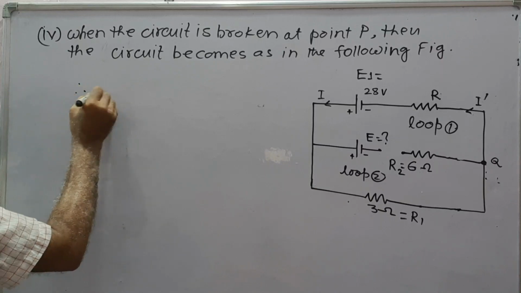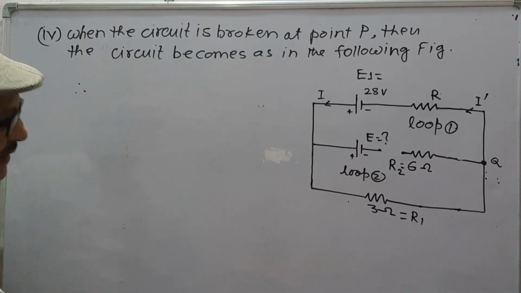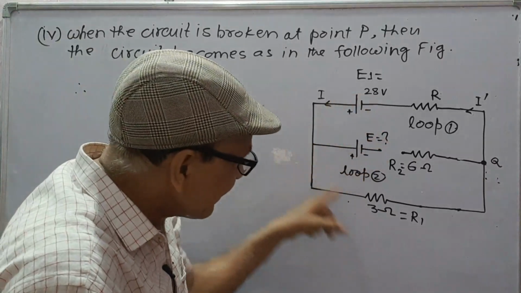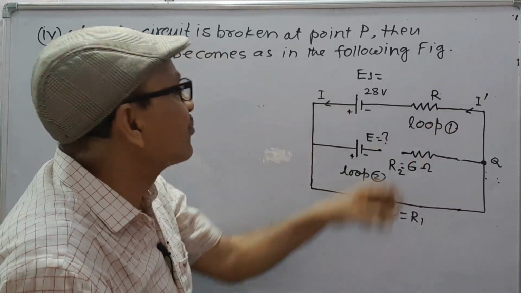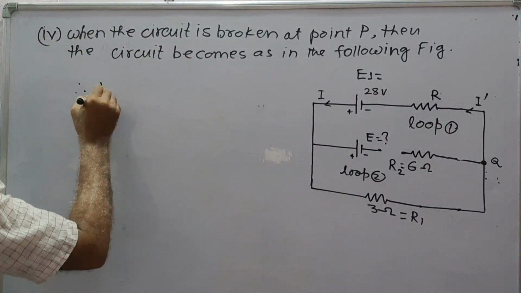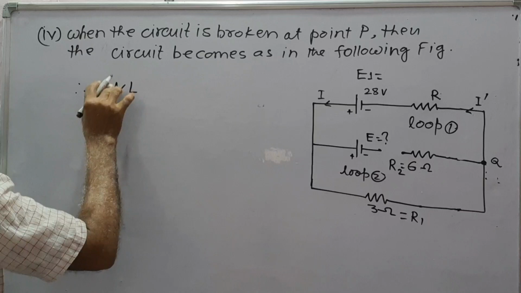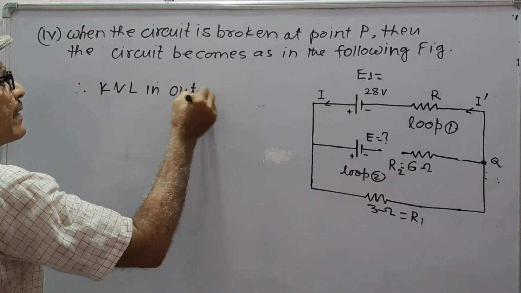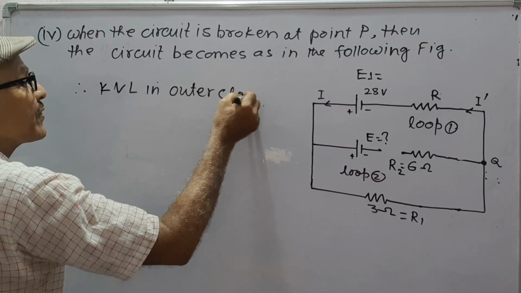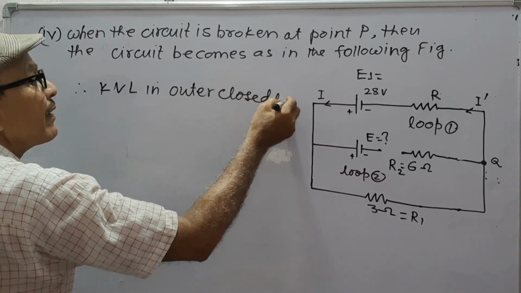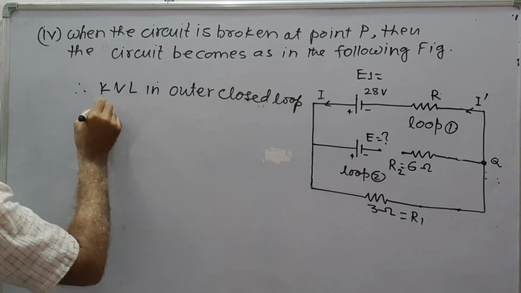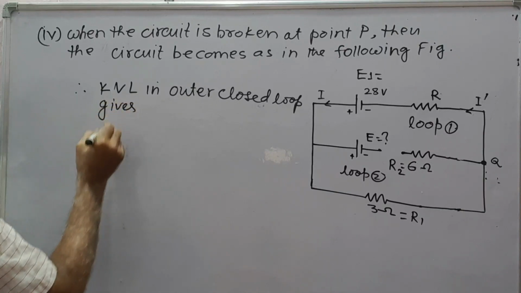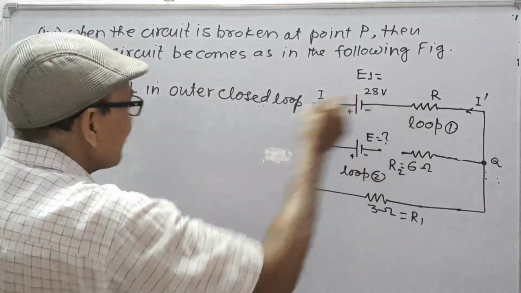Therefore, KVL in the outer closed loop gives sigma EMF is equal to sigma IR.